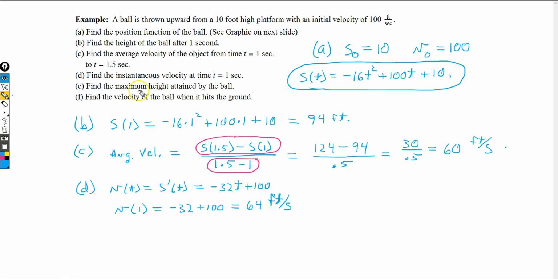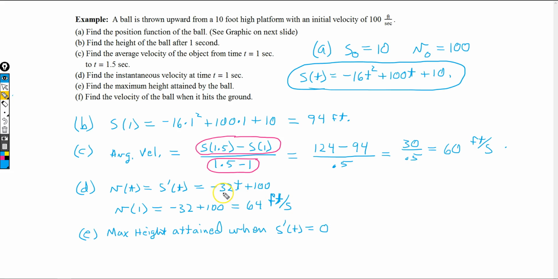Now let's see, part E, let's find the maximum height attained by the ball. Well, the ball will attain its maximum height when the velocity is equal to 0. So the maximum height is attained when s prime, or v, is equal to 0.